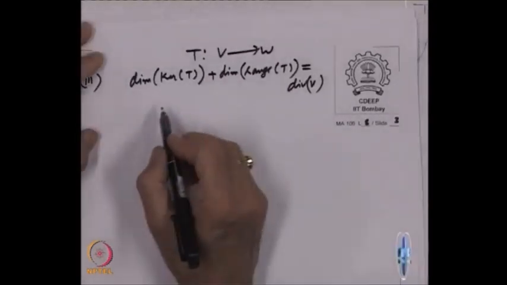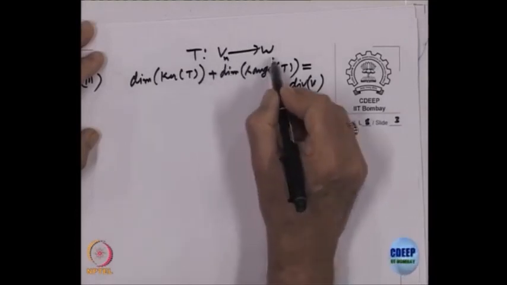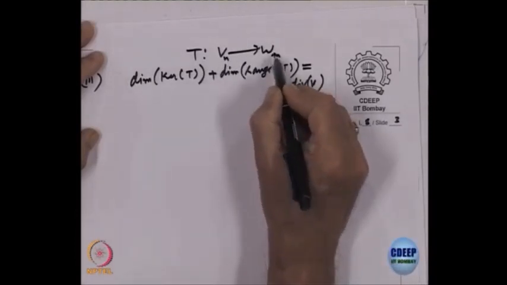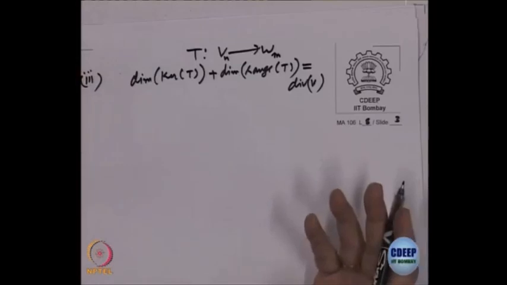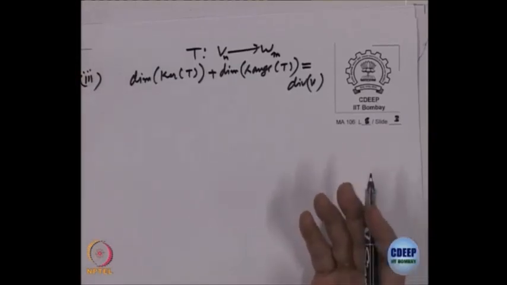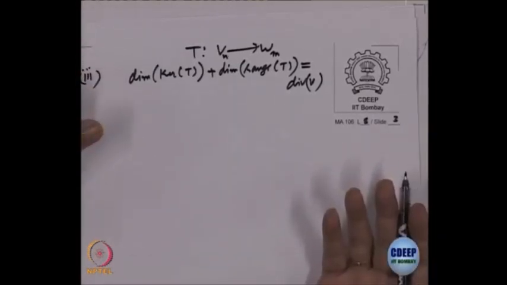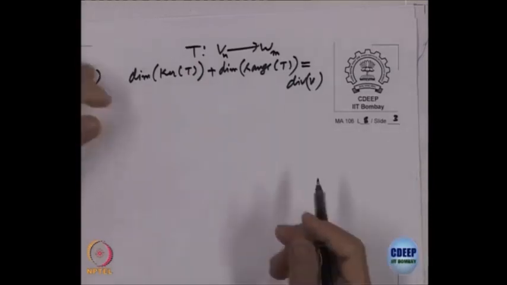So, let us say V has dimension n and W has dimension m. Just put some symbols so that we do not have to write everything. Now we want to compute the dimension of the kernel.